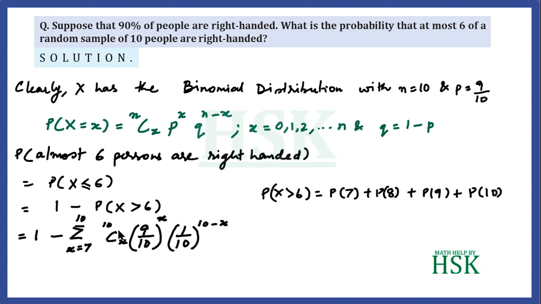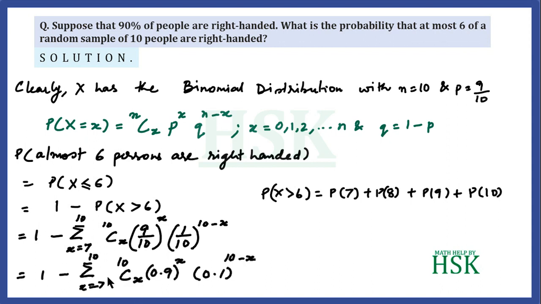So this can be written as 1 minus the summation of 10Cx, 9 upon 10 to the power of x into 1 upon 10 to the power of 10 minus x, where x can take the value from 7 to 10. So we are calculating the value of this expression when x is equal to 7, and adding the value when x is equal to 8, and so on.